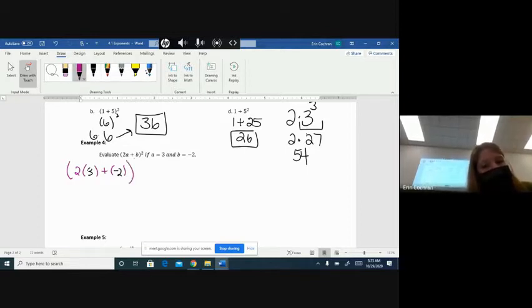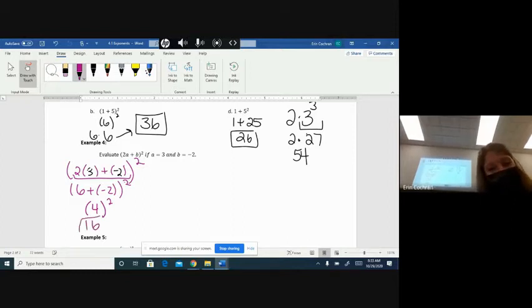And then I'm going to square it. So we're going to do inside the parenthesis first, right? So inside the parenthesis, am I going to do the multiplication or the addition first? Multiplication. What's 2 times 3? 6. And then what's 6 plus -2? 4. And now can I square 4? Yep. And what is 4 squared? 16. Good.